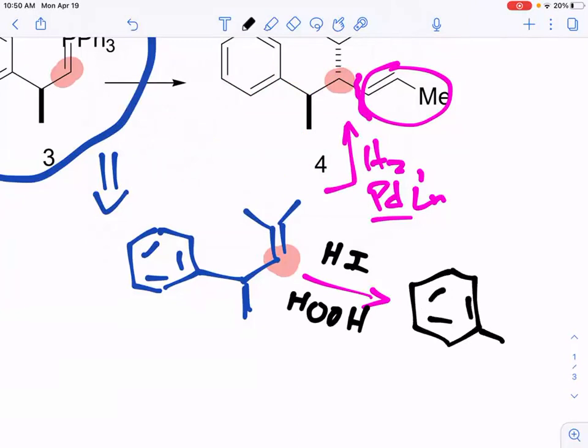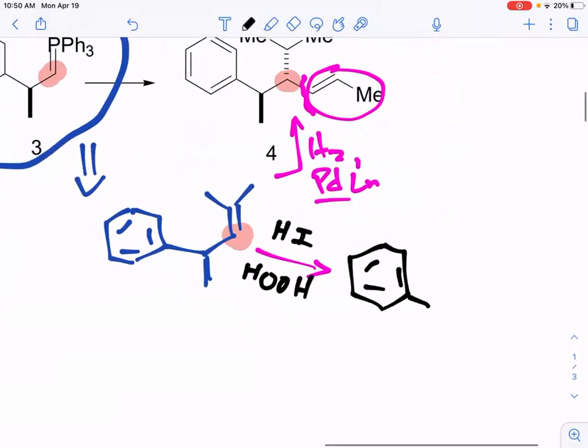And we're going to say that because of the methyl group being here, that's going to happen like so, right? So the iodine is going to add from the opposite face.